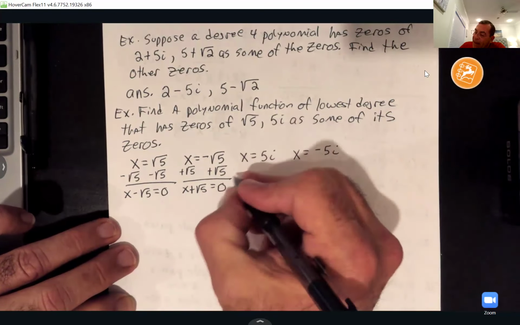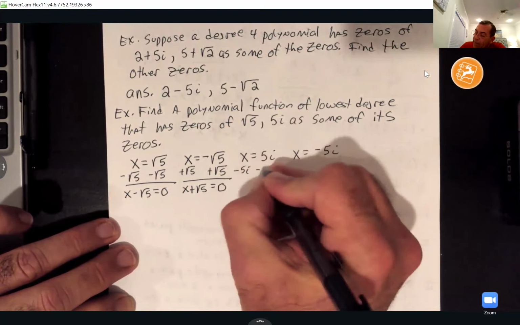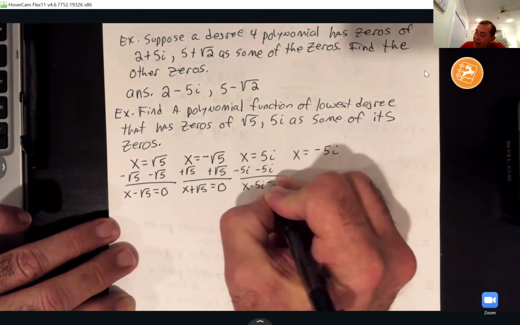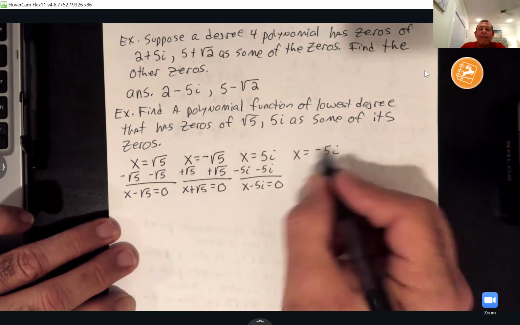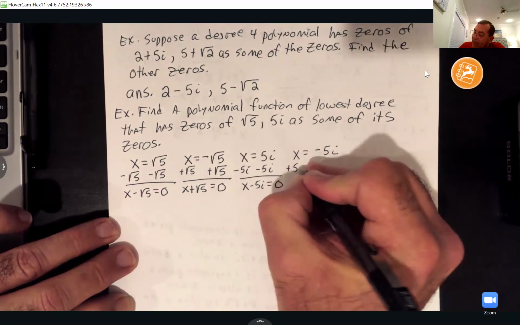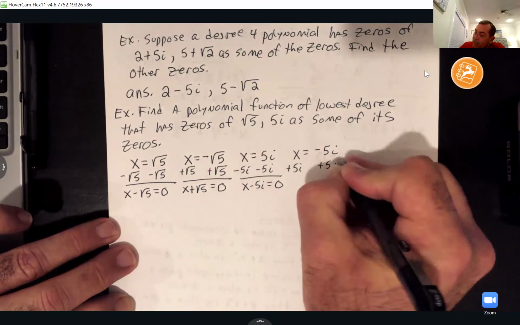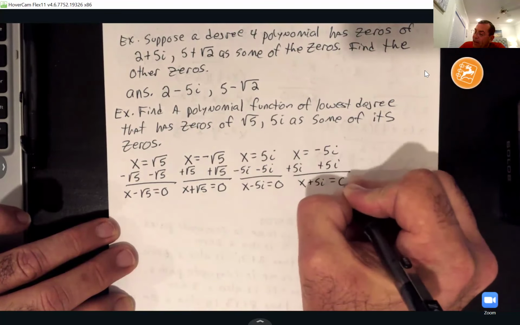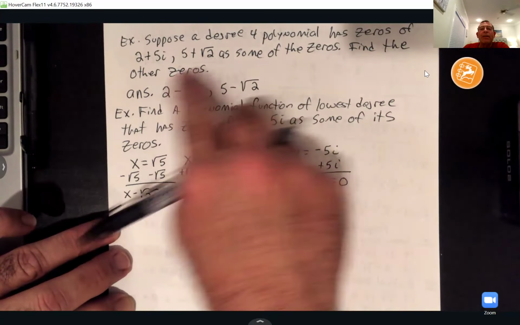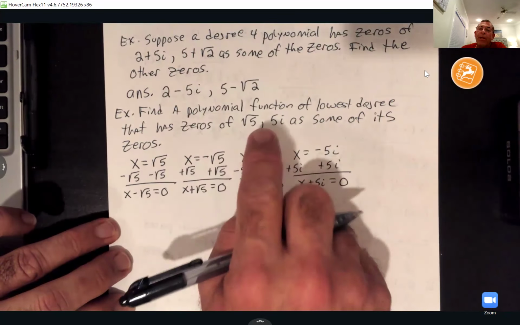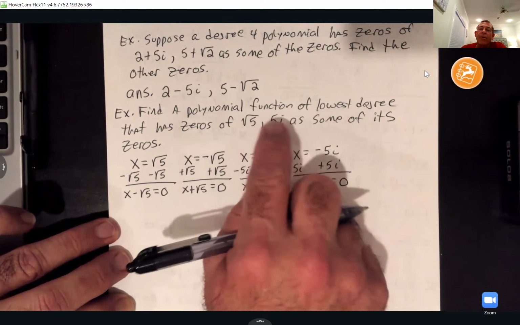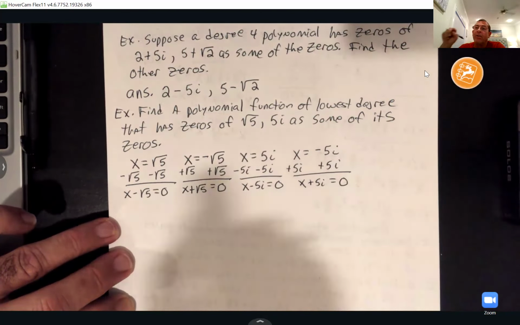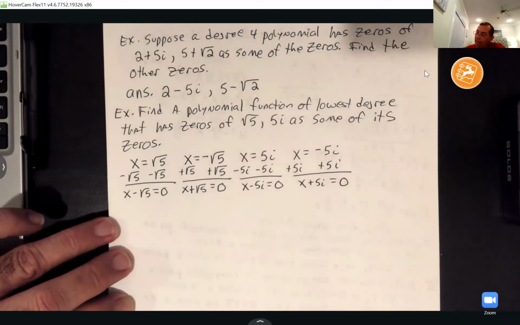Here, I'll subtract 5i, and I get x minus 5i equals 0. And then finally, I will add 5i, so I get x plus 5i equals 0. So all this information was just so that you would know if I give you radical and imaginary zeros, then their conjugates are also zeros, okay?